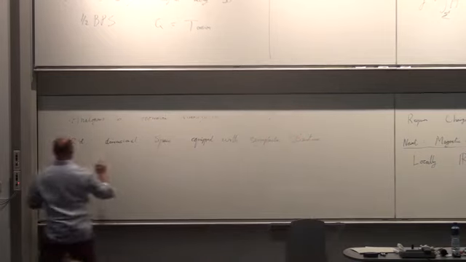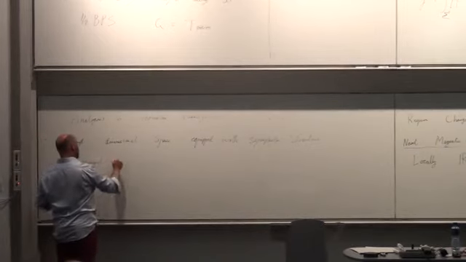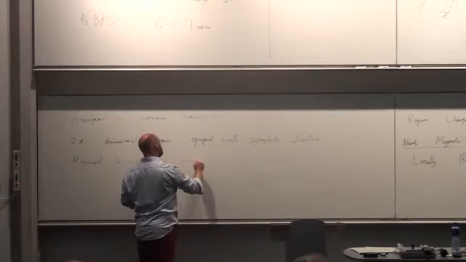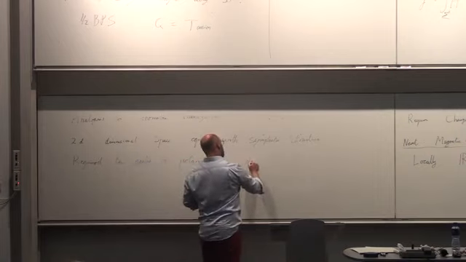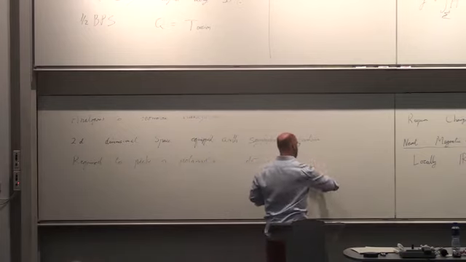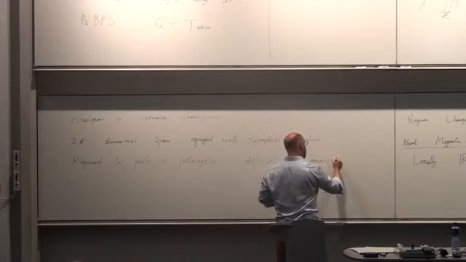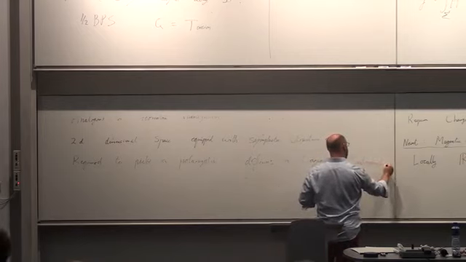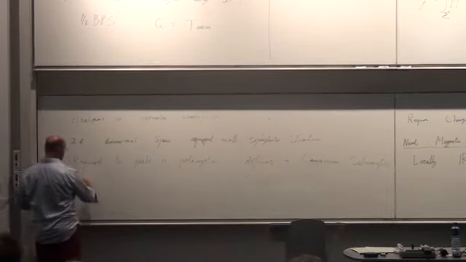And crucially, we are required to pick a polarization, which defines a Lagrangian submanifold, which is, of course, D-dimensional, it's half-dimension, maximally isotropic.